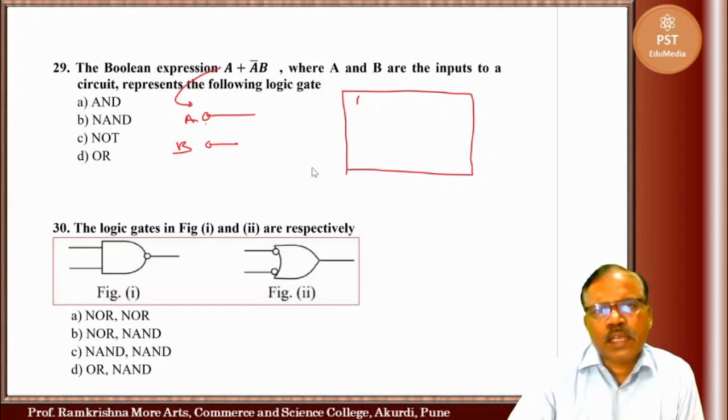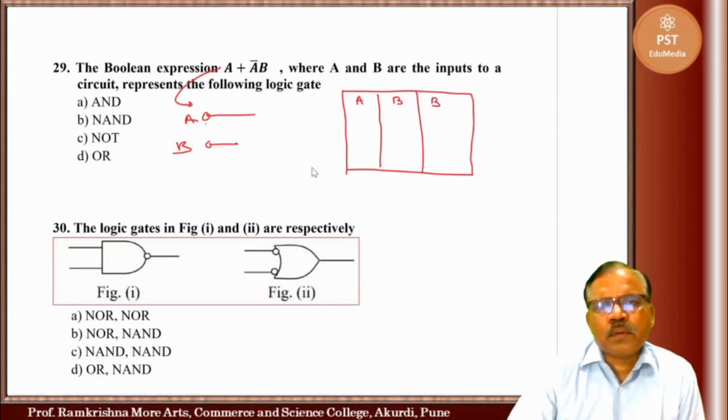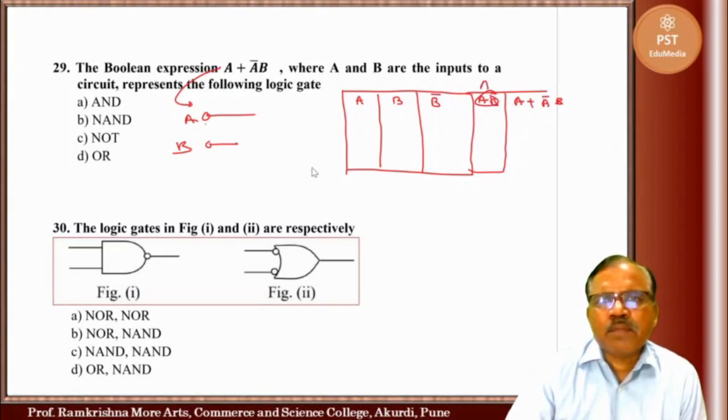So we have here A, B, B bar, A B bar, and then A plus A bar B. Sorry, here A bar B.